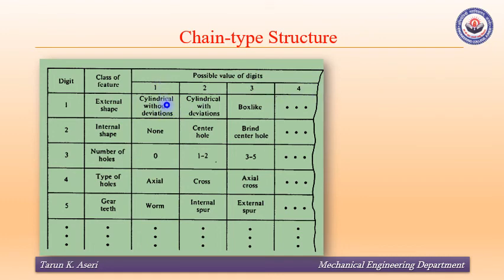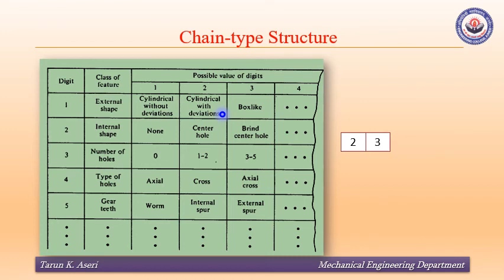At the first digit, it is cylindrical without deviation, cylindrical with deviation, box-like and so on. For internal shape, there is center hole, blind hole, then number of holes, type of holes, gear teeth and so on. These kinds of features are there. So if any part has first digit 2, it means the product is cylindrical with deviation.